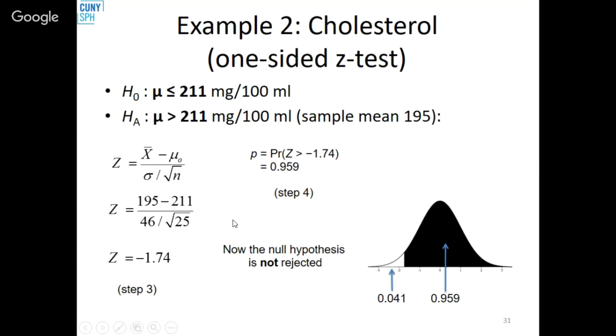On the other example, if we had done the other one-sided test, where the null hypothesis includes lower values instead of higher values, then we would have ended up with a p-value of 0.959. So this calculation becomes a little trickier for the one-tailed tests.